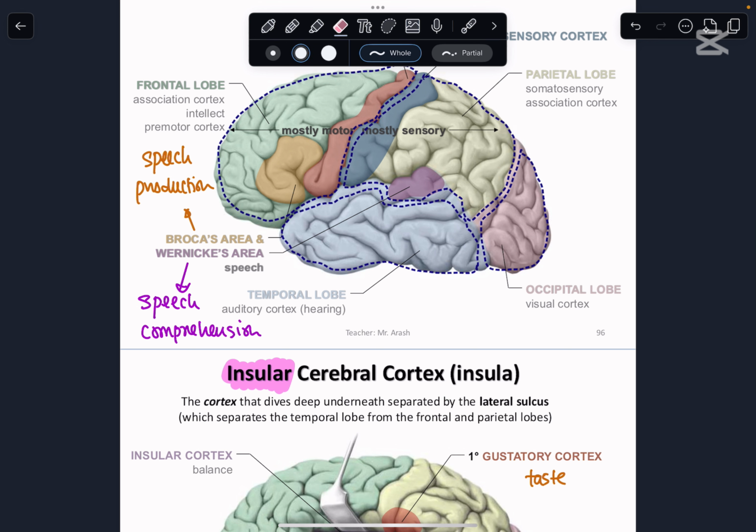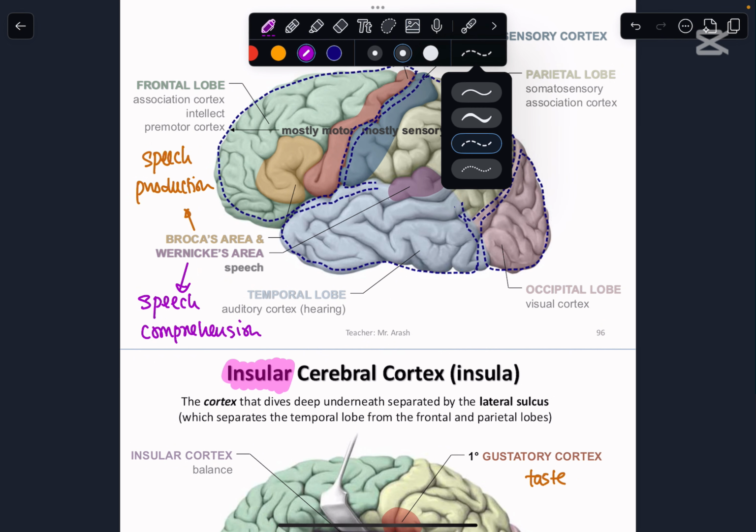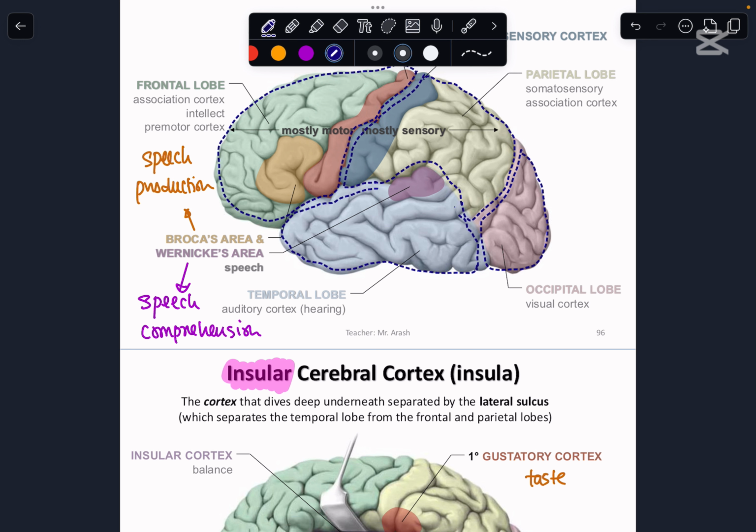This should have been, as part of the, that's actually part of the temporal lobe.